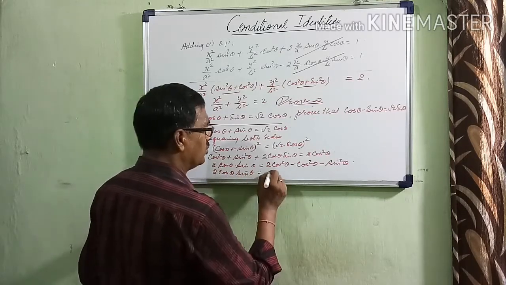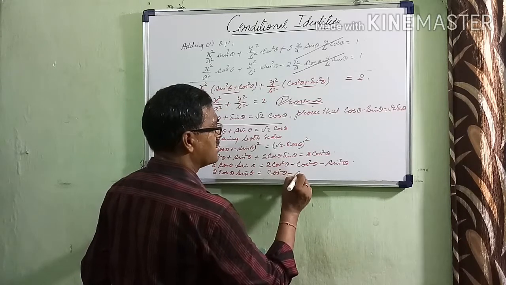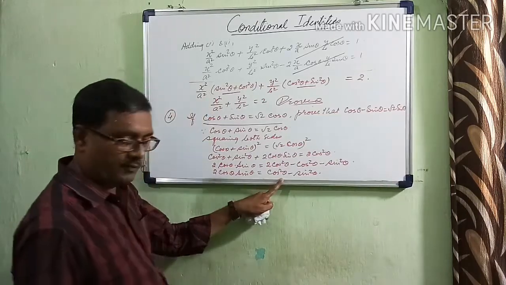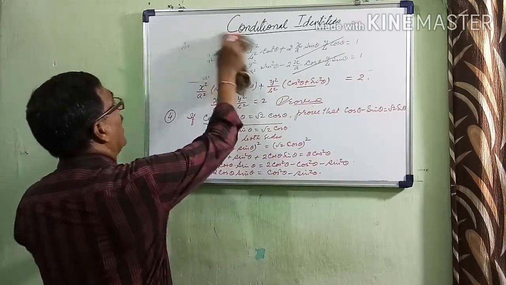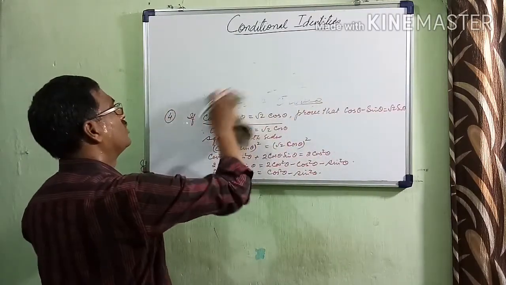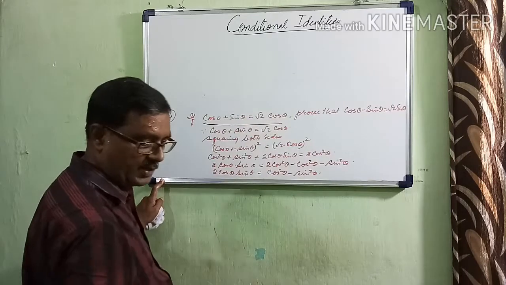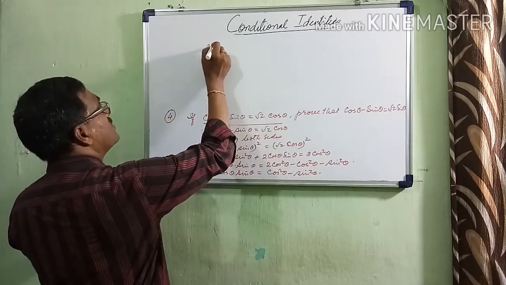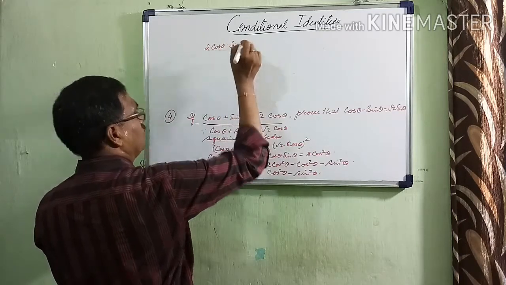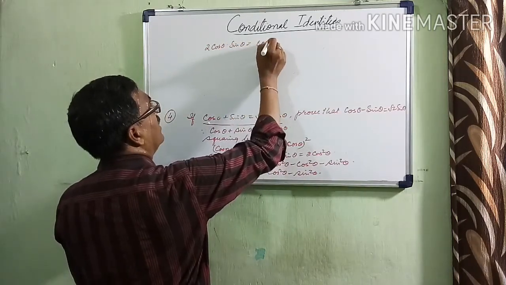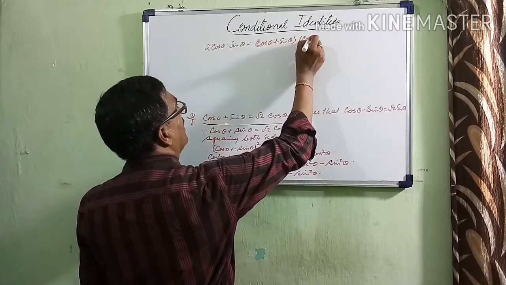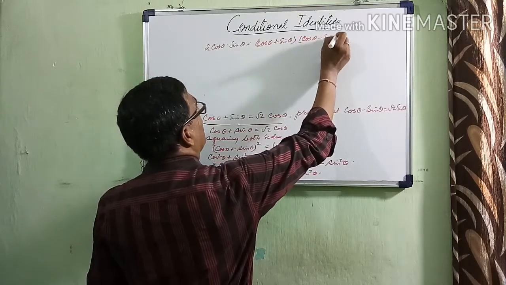Is it not equal to cos²θ − sin²θ? Aren't you able to write it in the formula a² − b²? And what is a² − b²? a² − b² = (a + b)(a − b). So LHS will be as it is, 2 cos θ sin θ = (cos θ + sin θ)(cos θ − sin θ).